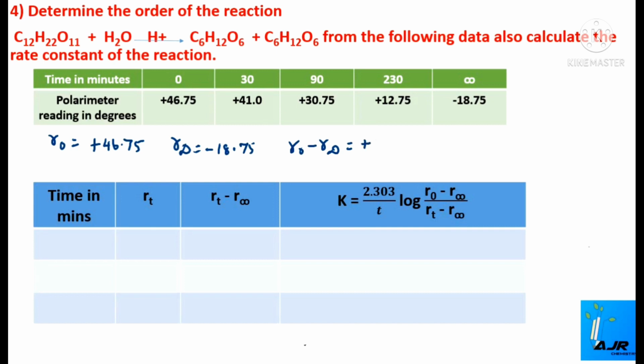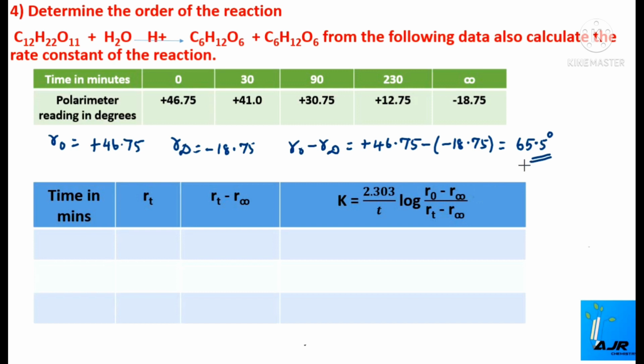It is plus 46.75 minus 18.75. So when you are simplifying this, you'll be getting the value 65.5 degrees. So R0 minus R infinity is 65.5.